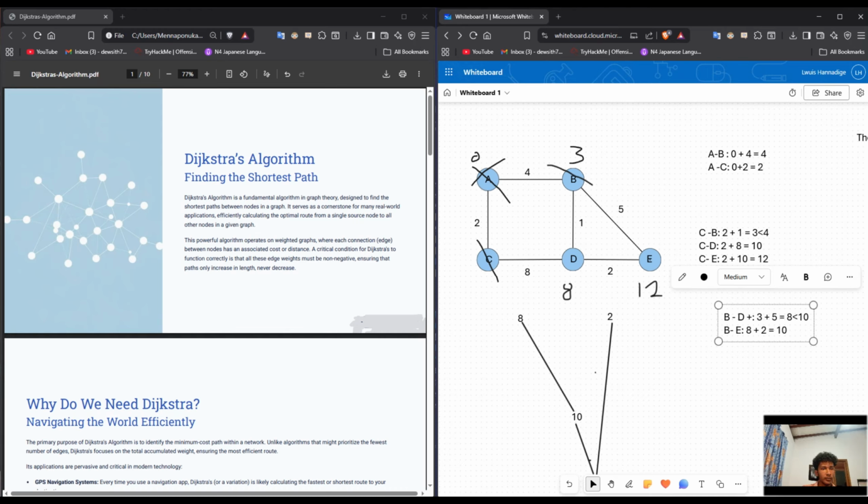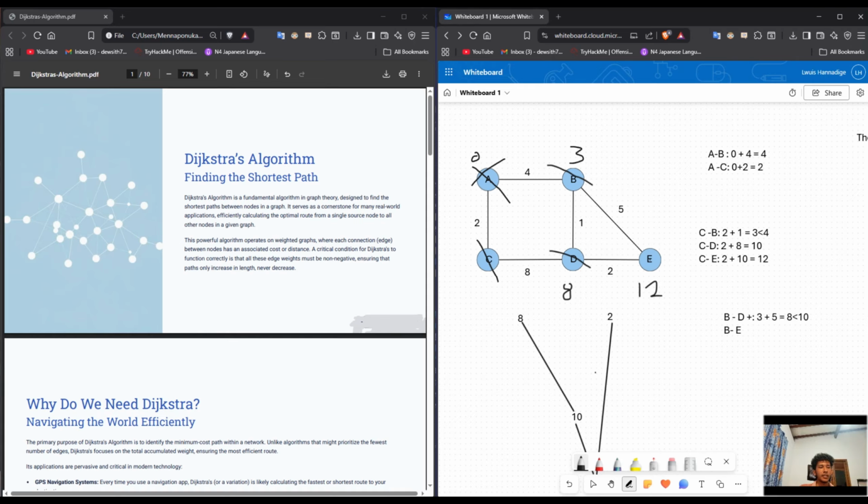Sorry, wait a minute. So B to E is already 12, no better path via B. Okay, now we can go to process D. D is the next mark. Then we can mark that as visited.